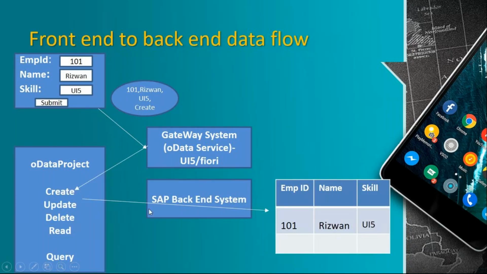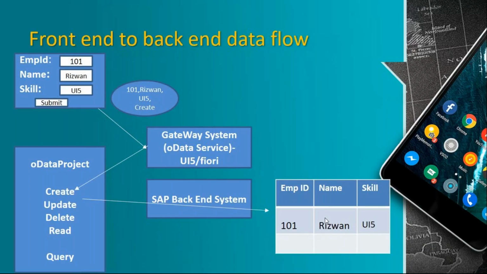Normally, when you have a table, obviously all the CRUD operations are possible on the table. Now, what are CRUD operations? Creating a record in the table, updating the record, deleting the record, reading the record. Query means querying the records in the table.